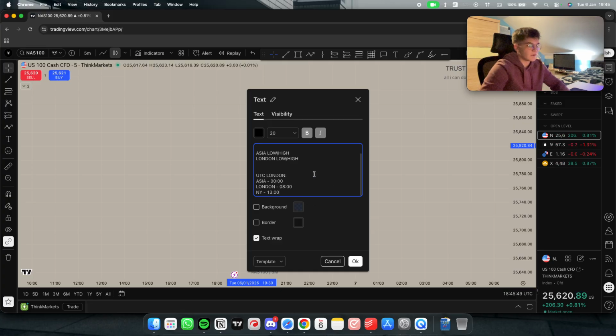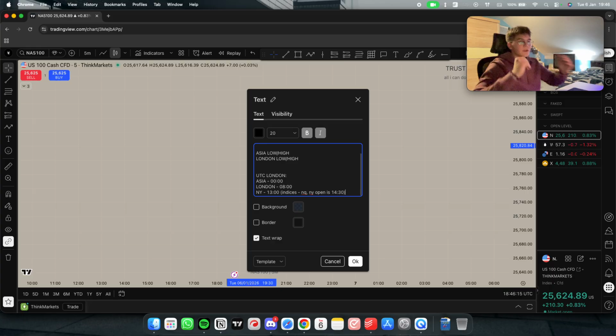And from here, one thing that I have to mention about those times is that the New York session is 1 p.m. for Forex, USD, oil, gold, and all of that. But for indices, or actually NQ, the only indices I trade right now, the NY Open is 14:30 London time.